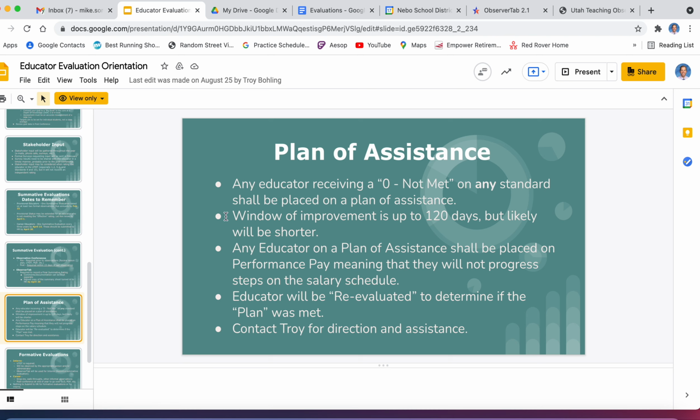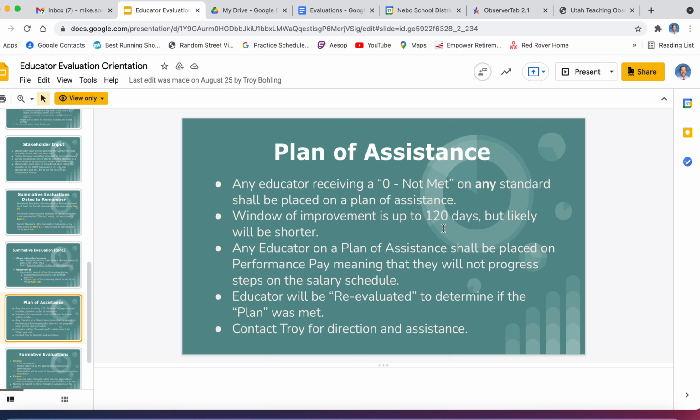Plan of assistance means that any educator receiving a 0 or the not met on any standard shall be placed on a plan of assistance. Then there's a window of improvement. You have 120 days to improve that rating. Any educator on a plan of assistance shall be placed on performance pay, meaning they will not progress steps on the salary schedule.